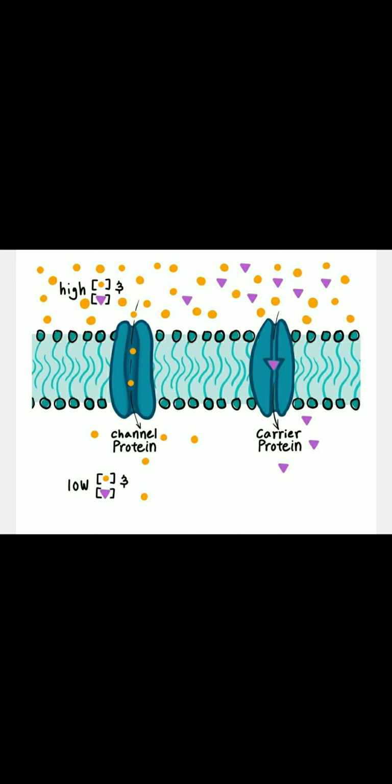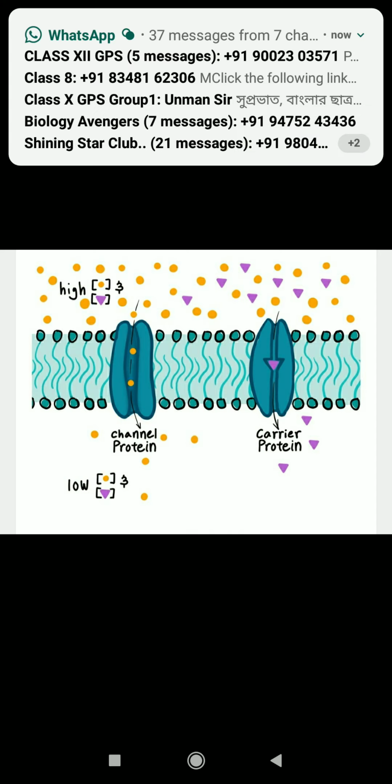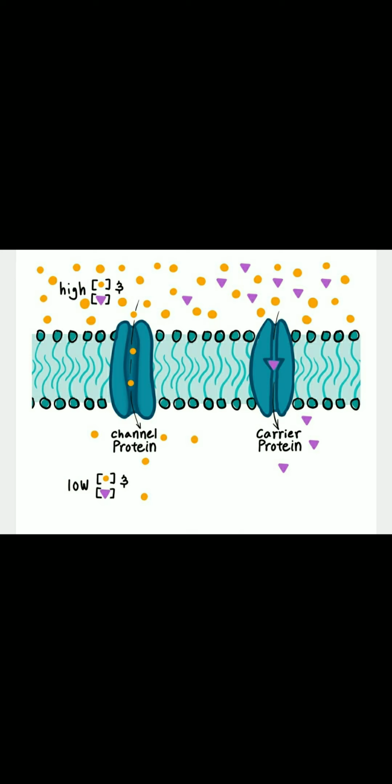Here you can see the cell membrane, and the proteins are embedded in this phospholipid bilayer. These proteins are specific for carrying molecules from high concentration to low concentration, and without their help this diffusion cannot be possible.